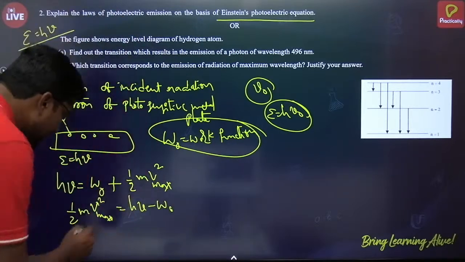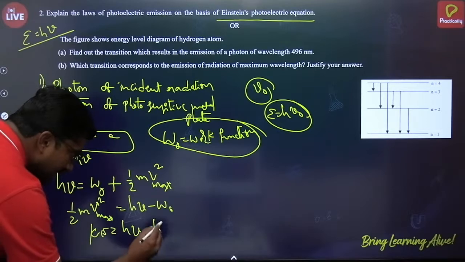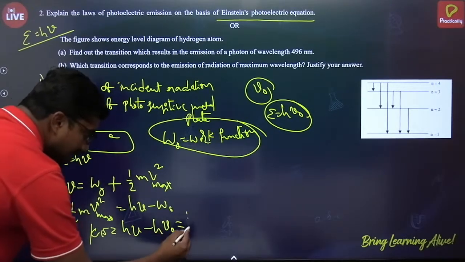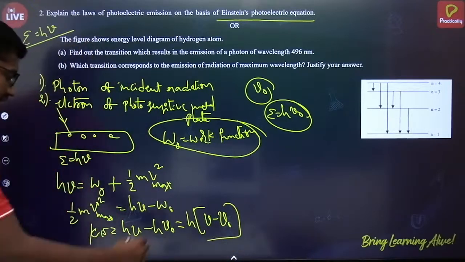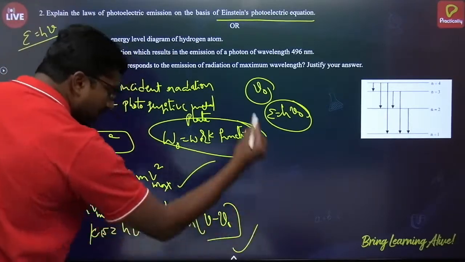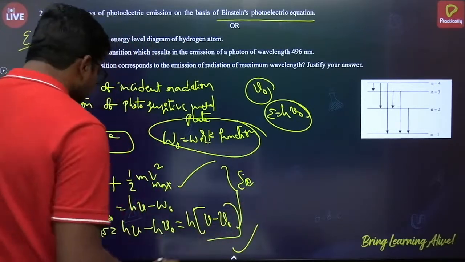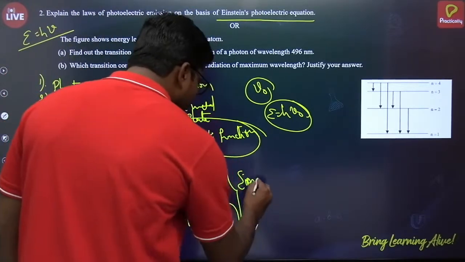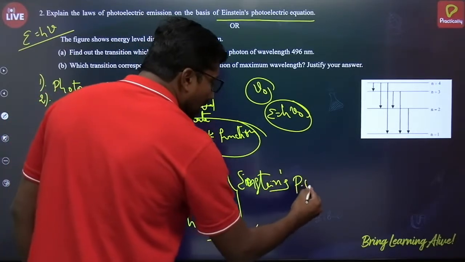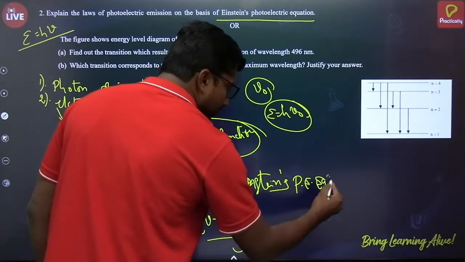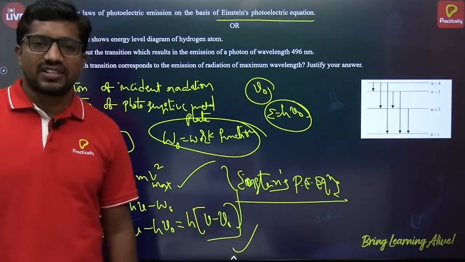Okay, so then this kinetic energy will become h nu minus h nu naught. If you take h common, it will be h into nu minus nu naught. These two equations we'll call Einstein's photoelectric equations.